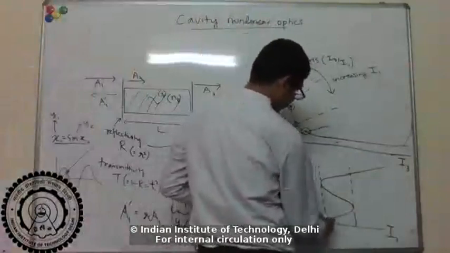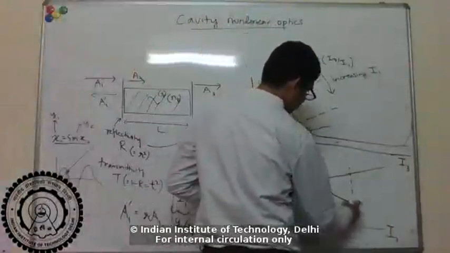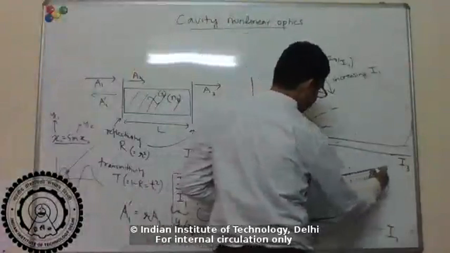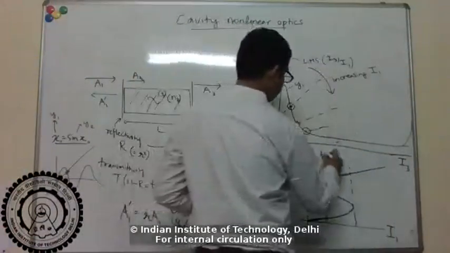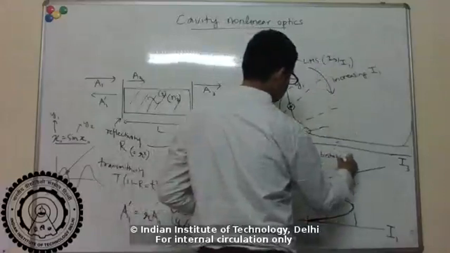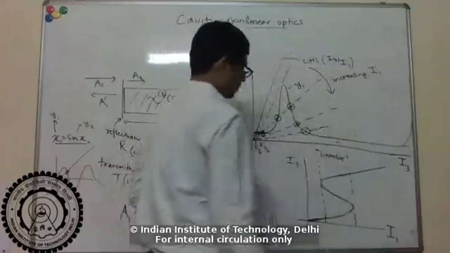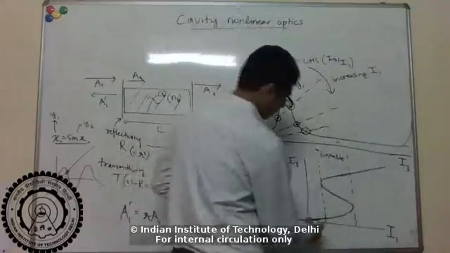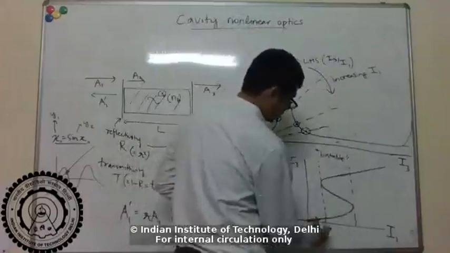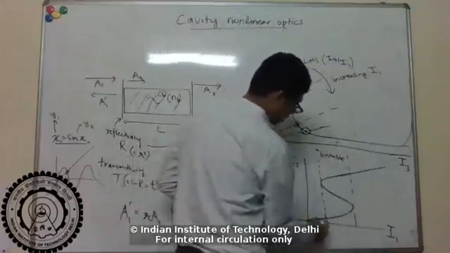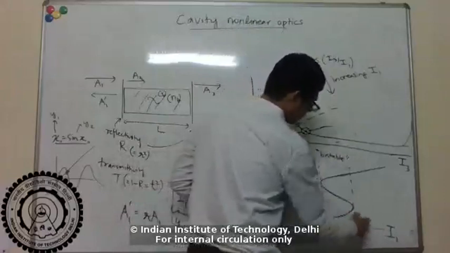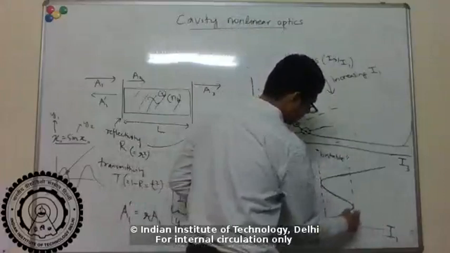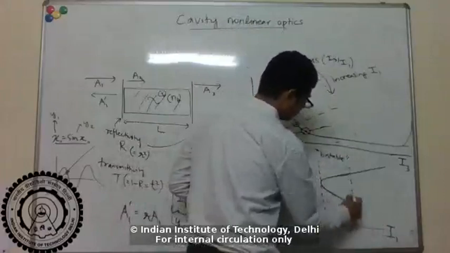Right, so basically what happens is that there is some kind of hysteresis. This region in between is called the bistable region. If I start from here and increase the input intensity, I go on this curve, and if I keep increasing, once I go here, I basically jump.